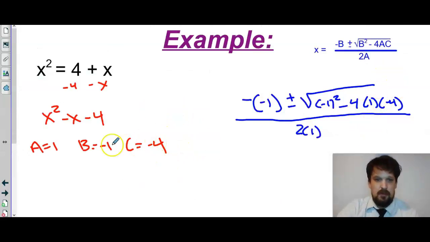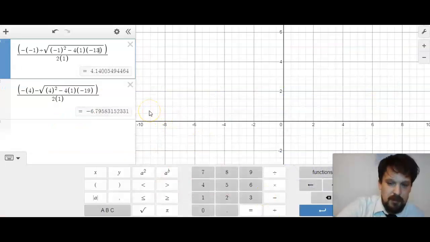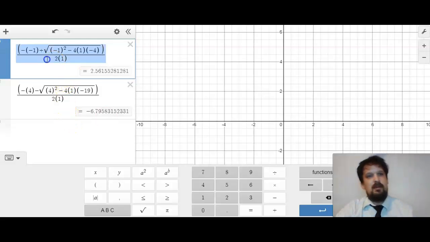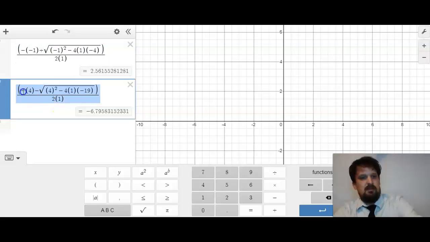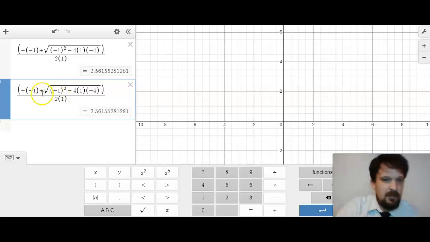Oh, negative 4. What am I thinking? My bad. Sorry. So negative 4. Okay. And then I'm just going to go ahead and copy and paste that down into here. Except I'm going to change the plus to a minus.